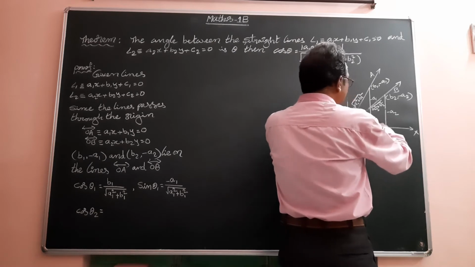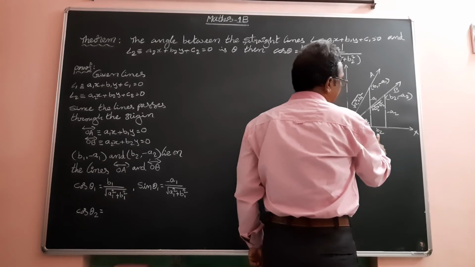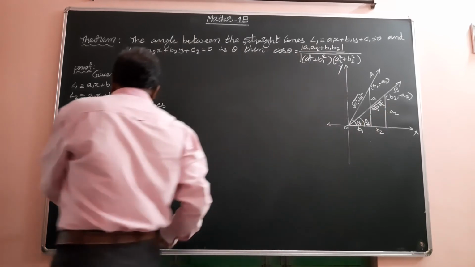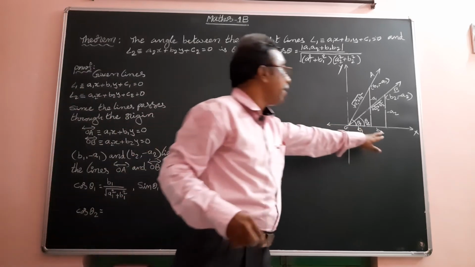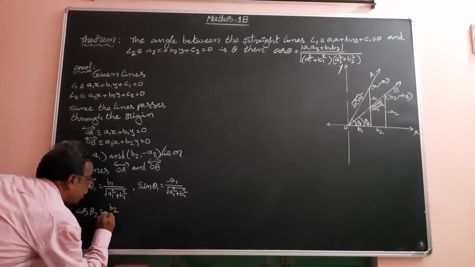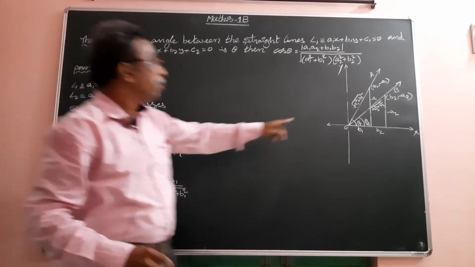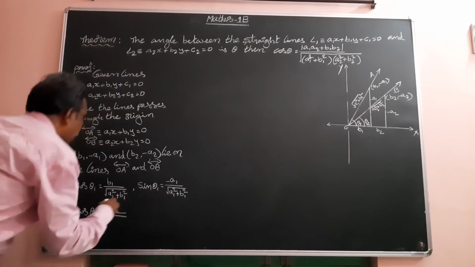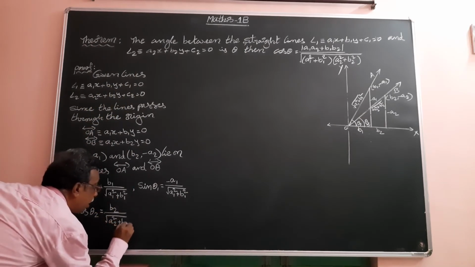This angle's opposite, this one is the opposite side. b2 is the adjacent side. So, cos theta, adjacent side. What is the adjacent side? b2 by, what is the hypotenuse? Second triangle, root of a2 square plus b2 square.